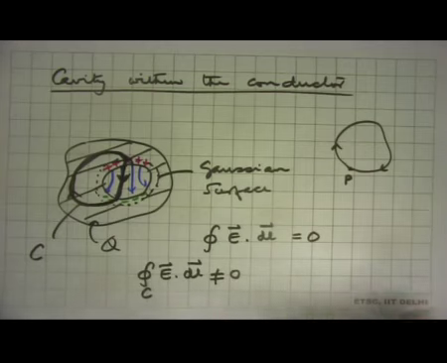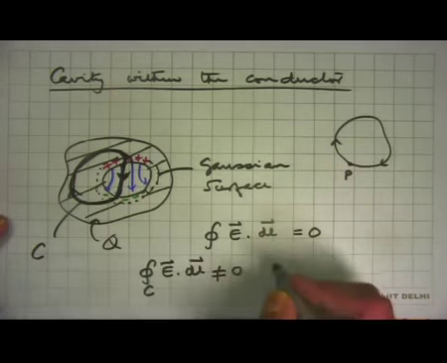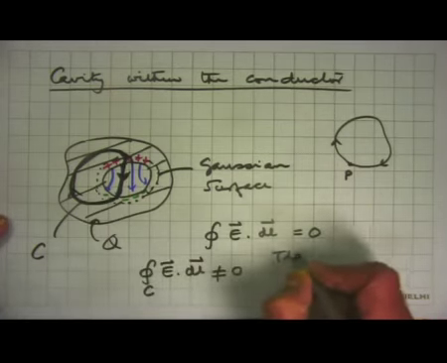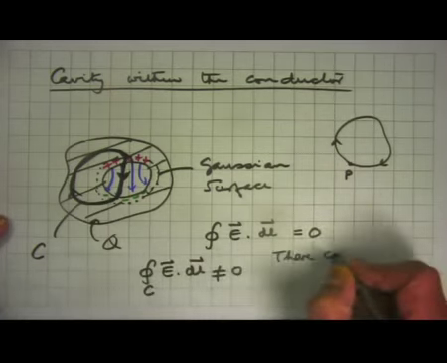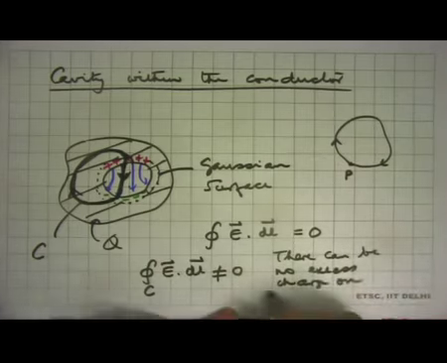Now, this is inconsistent with the fact that the integral of E dot dl must be 0, and so what I conclude is there can be no excess charge on the inner surface.